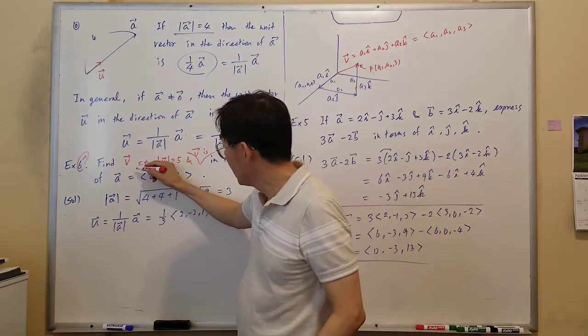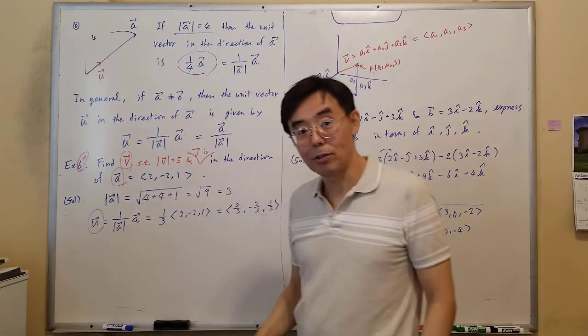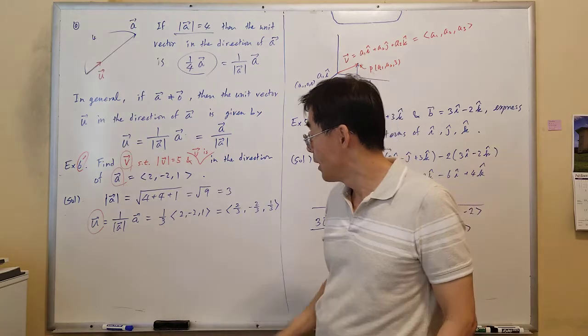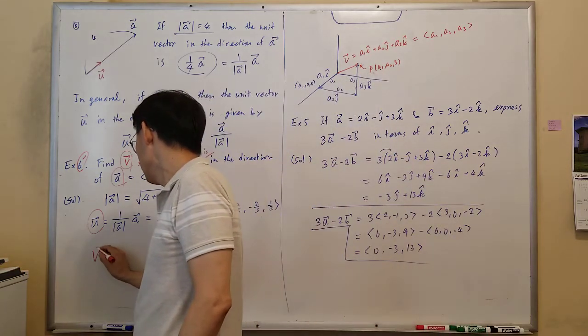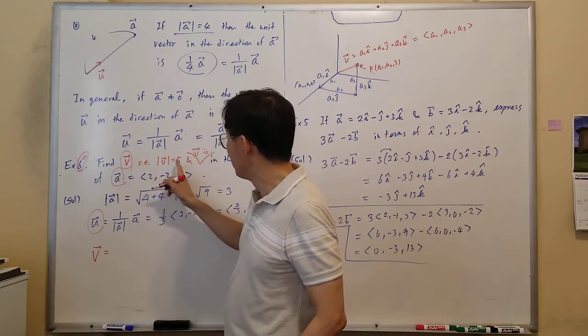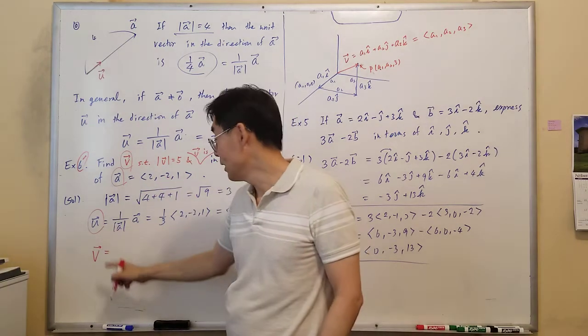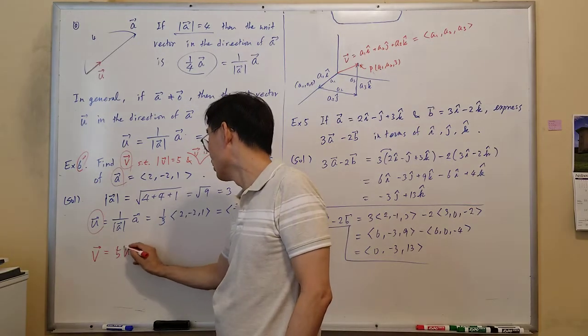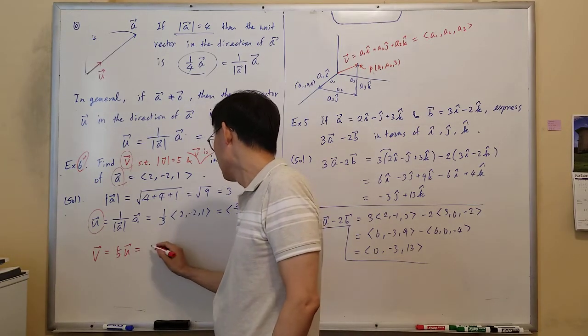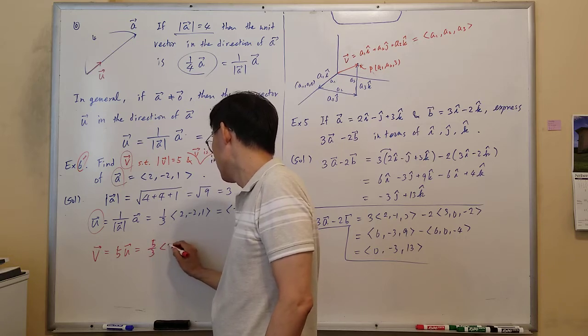So v, A and u all have the same direction, right? In that case, your v will be just what? Magnitude 5 is 5 times the size 1, right? It should be 5 times u. Alright? So it's going to be just 5 over 3.